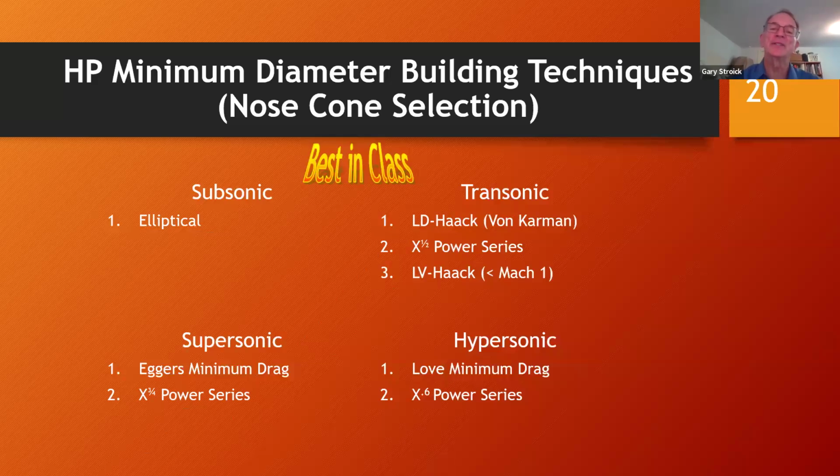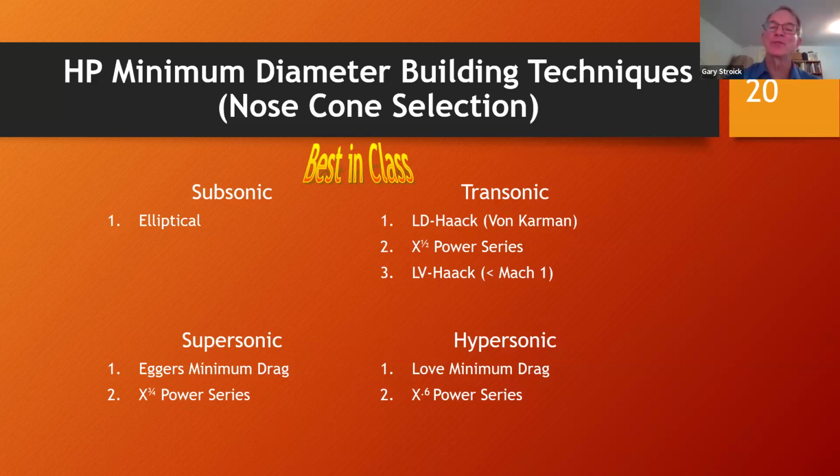Generally, what you will find available is the LV Haack nose cones, and that's really for typically less than Mach 1. When you go supersonic, the best nose cone is generally an Eggers minimum design shape, but the x to the 3/4 power series is what you see most if people are making their own.